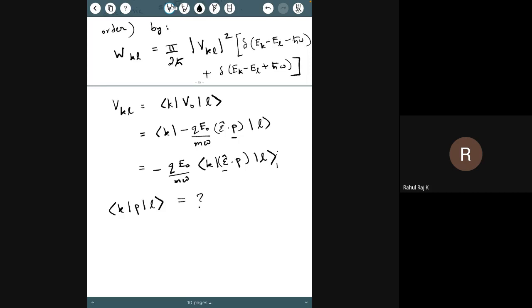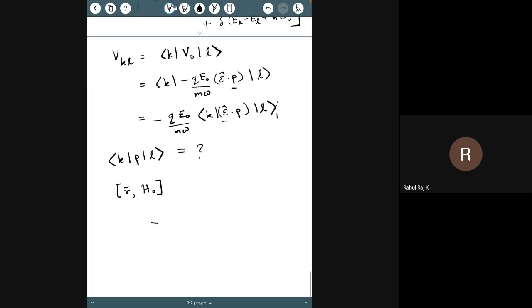Remember, in quantum mechanics, P and X are related. So how to do that? We use the fact that we know the commutator of R and H0. H0, remember, is the unperturbed Hamiltonian. And this is i h cross P by M.